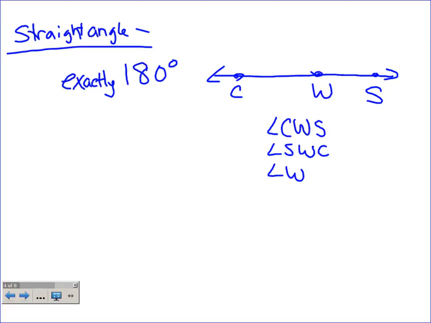Angle W. The thing in the middle, the vertex right there, has to be in the middle. Whenever you name angles, the vertex is either in the middle or sitting by itself. That's your vocabulary.